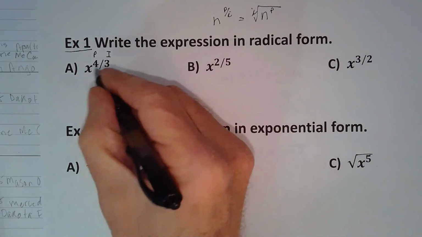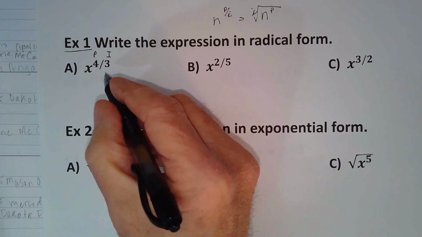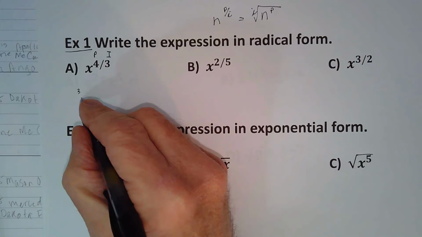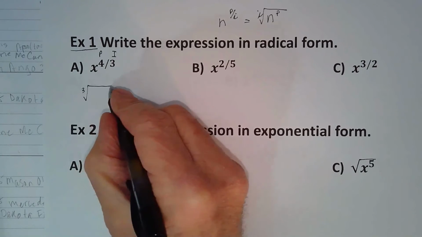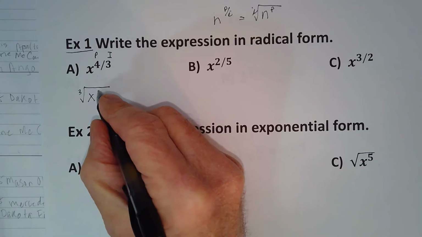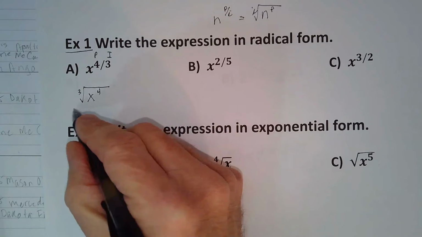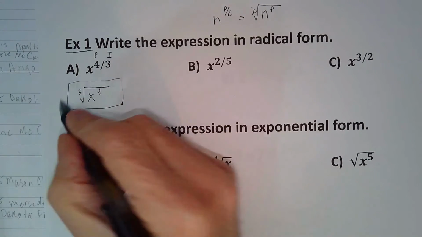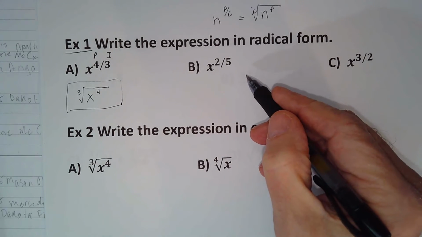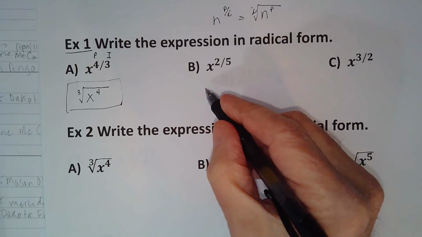All right, so we're going to change this now. The index is 3, so I'm going to have the cube root. And then I've got x, and the power is 4. And that's all it is. And it's a great answer. Okay. Next one. The index is 5.